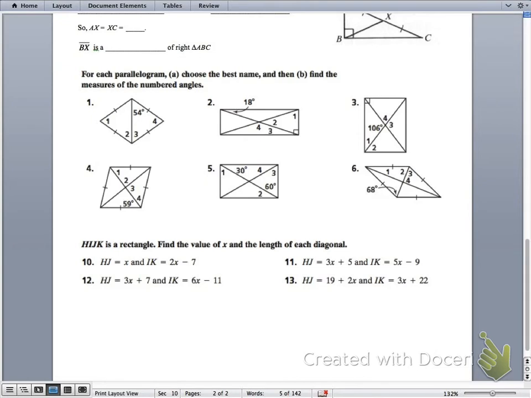Because all of the sides are congruent, this is a rhombus. Now, if it's a rhombus, what we know about it is that the red triangle that I've drawn on the right-hand side is an isosceles triangle with that diagonal. We also know that the diagonals of a rhombus bisect the angles.